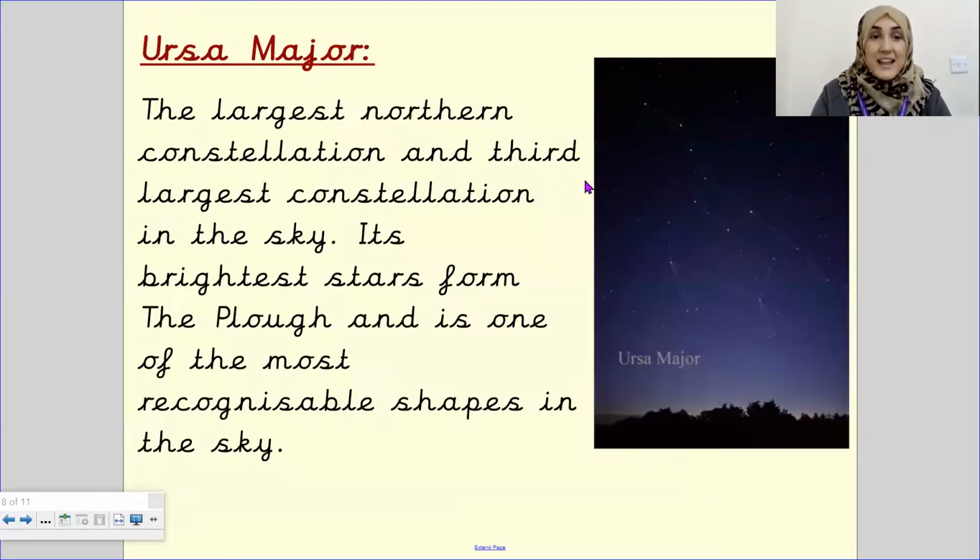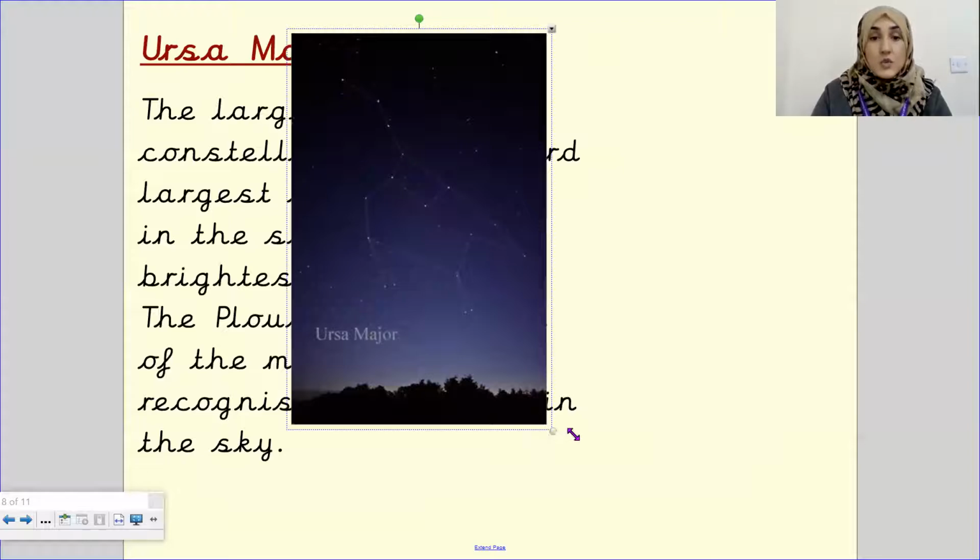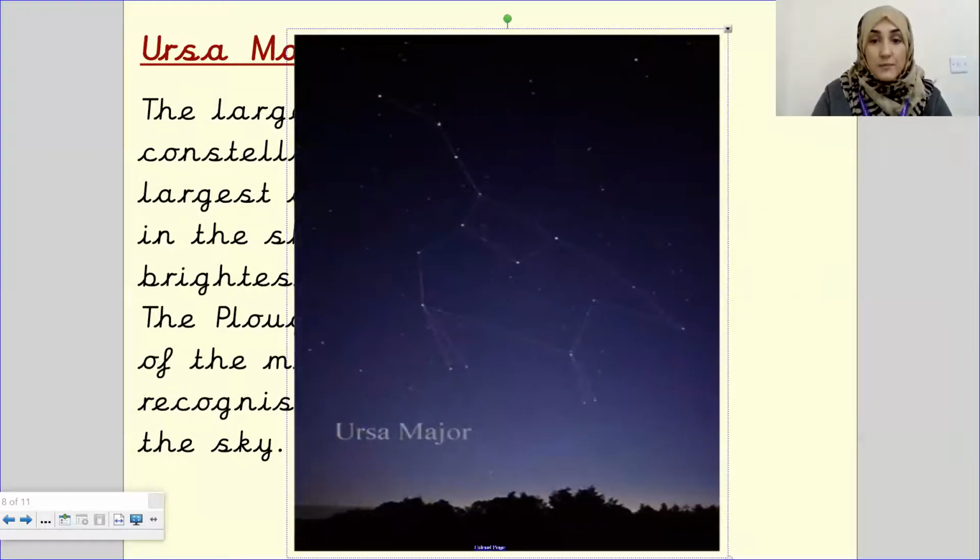Next, we have Ursa Major. It is the largest northern constellation and the third largest constellation in the whole sky. Its brightest stars form the Plough and are one of the most recognizable shapes in the sky. Let me make this a little bit bigger so you can have a look.